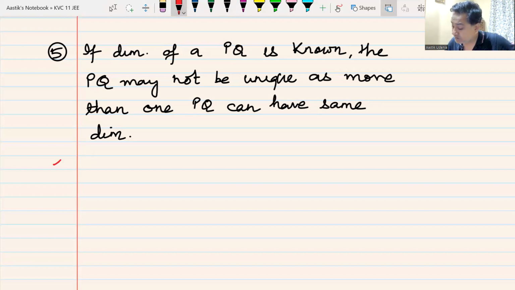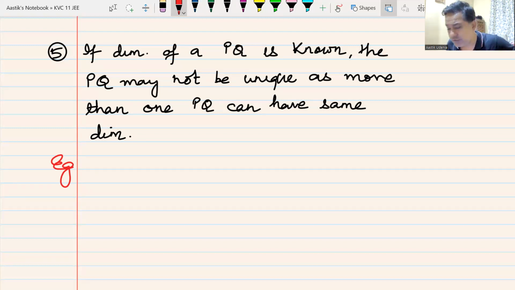That means just looking at the dimension which is given to you, you cannot say with confidence which physical quantity we are talking about, because there can be more than one physical quantity whose dimensions are the same, but those quantities are absolutely different from each other.